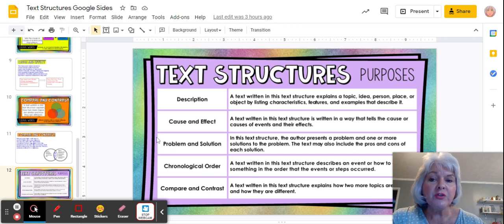So when you go through your research project for the American Revolution, you want to be able to look at the different text structures. We're also looking at primary and secondary sources. I gave you the websites for Ducksters, which has more secondary resources.